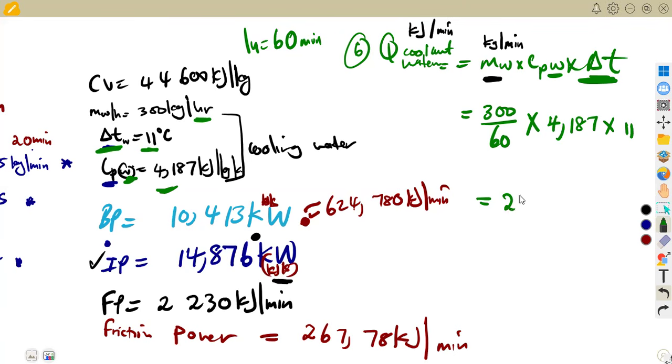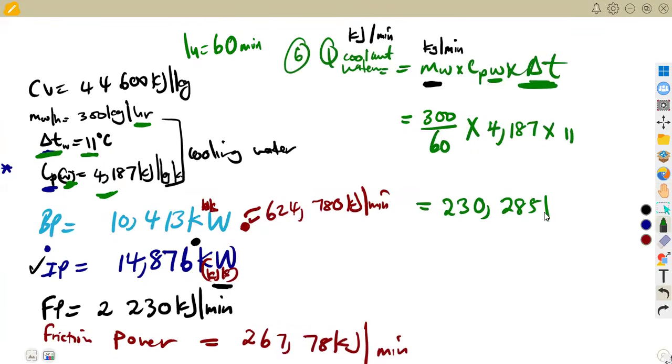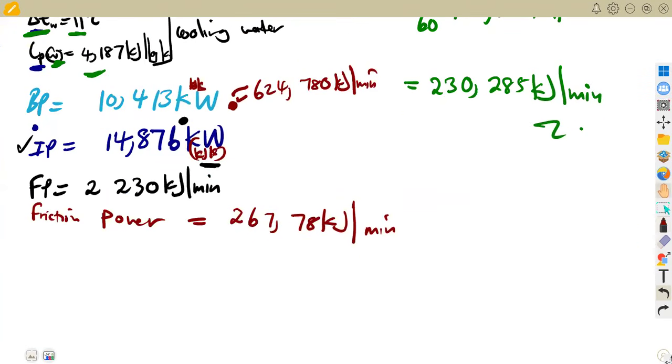This is going to give us 230.285 kilojoules per minute. As I said, if this is in kilograms per minute, this will be kilojoules per minute. So we have the Q for water, which is for the coolant.